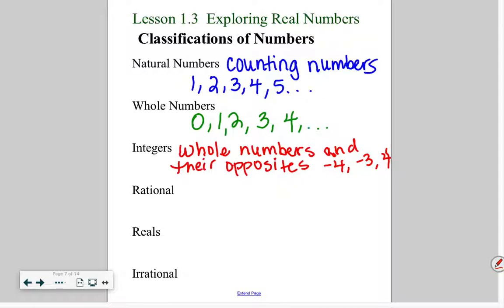Very good. This could be a -4, a -3, a -2. Could be a +4. So remember, as we're going through these, natural numbers are still considered whole numbers. Whole numbers are still considered integers.